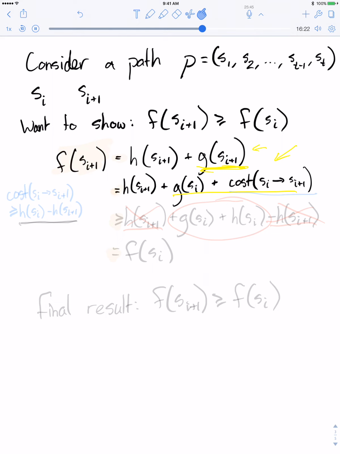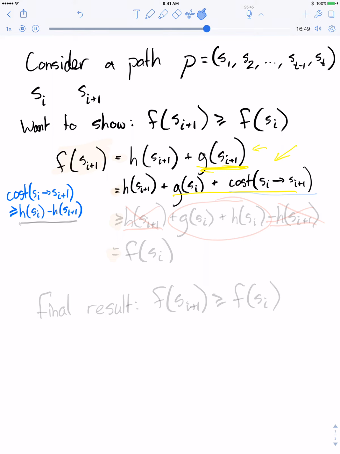Consistency says that the cost of getting from Si to Si plus 1 is greater than or equal to H of Si minus H of Si plus 1.